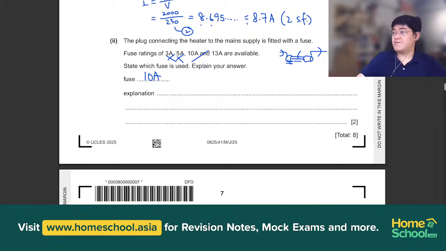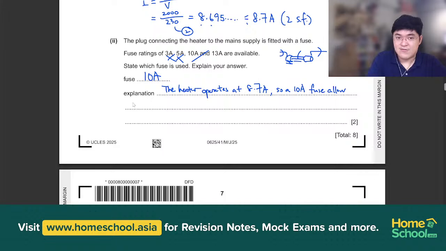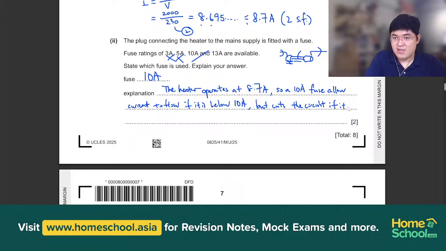Because the heater operates at 8.7 amperes, a 10 ampere fuse allows current to flow if it is below 10 amperes, but cuts the circuit if it is beyond 10 amperes.